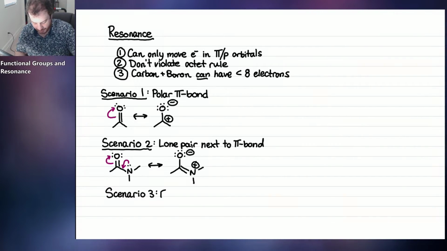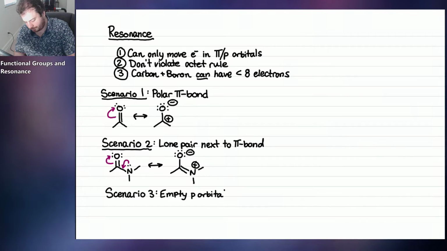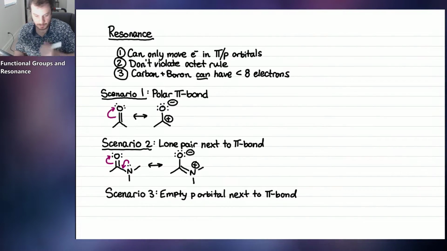Scenario 3 is an empty p orbital next to a pi bond. An empty p orbital is just an atom that has less than 8 electrons. So if you ever have an atom with less than 8 electrons, it will always, in this class, have an empty p orbital. So I can draw an example of what this would look like.